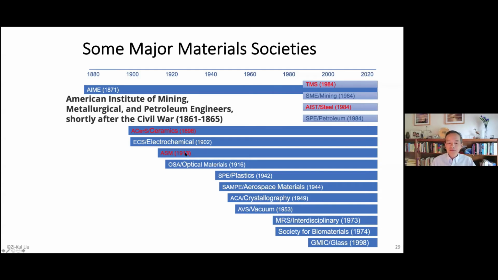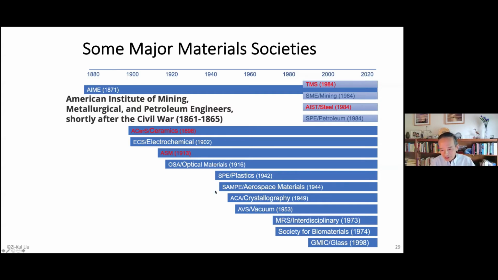ASM is 1913, so we're over 100 years old. Ravi knows that we celebrated our 100-year anniversary in Montreal in 2013, the first year I was on the ASM board. That was very impressive, and Ravi did a great job there.